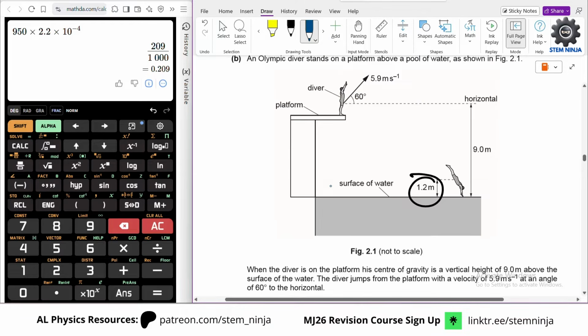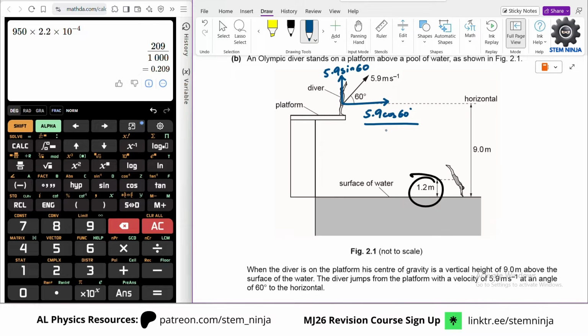Okay, so initially he has 5.9 sin 60 and 5.9 cos 60 degrees. The horizontal one will stay constant, however the vertical velocity will change.